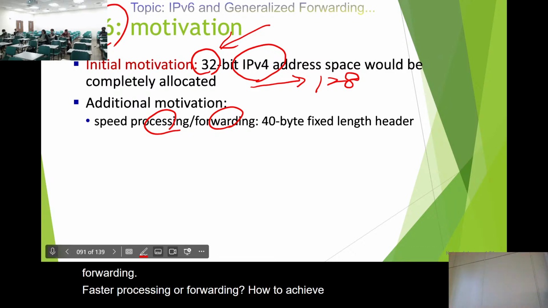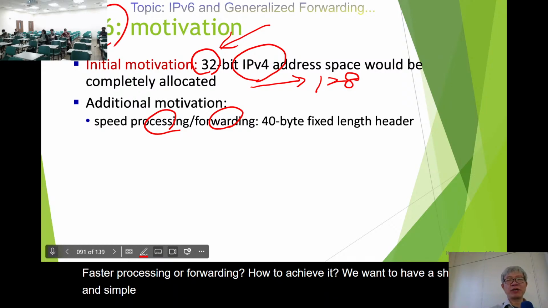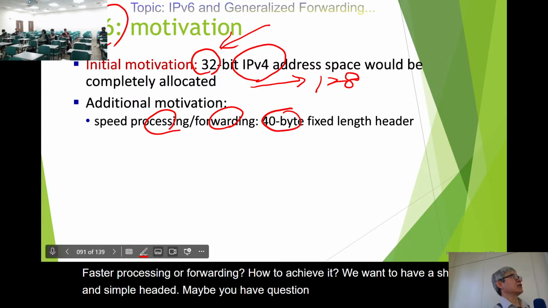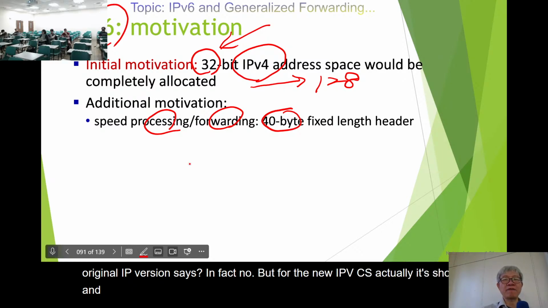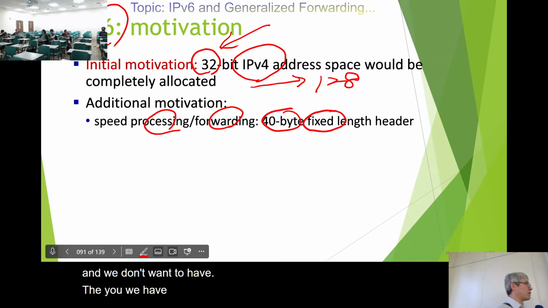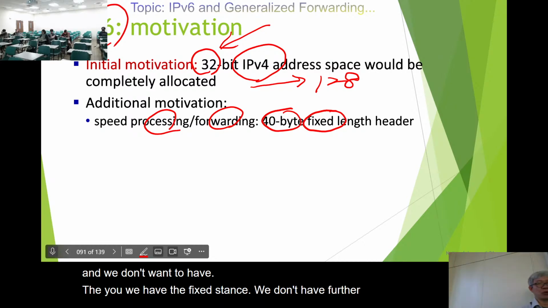We want a short and simple header. Maybe you have a question: 40 bytes, is it shorter than the original IP version 4? In fact, no, but for the new IPv6 it is actually simple, because we have a fixed length. We don't have options in the header.